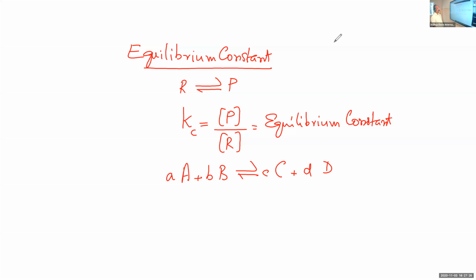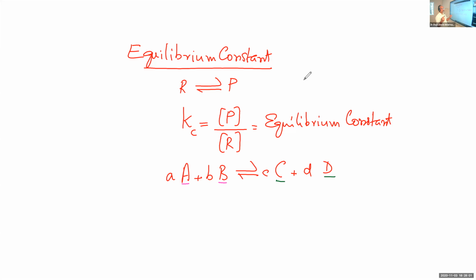Here the reactants are A and B. We have two reactants here, a moles of capital A and b moles of capital B. And the products are capital C and capital D: c moles of capital C and d moles of capital D.